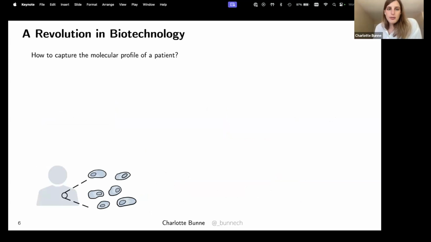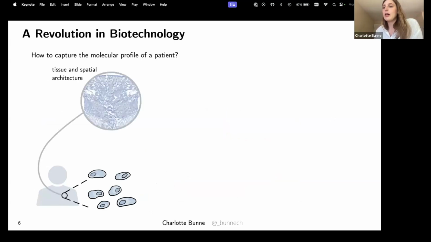So how do we capture the molecular profile? I already hinted at this. By now, if I have, for example, a cancer patient, as this is going to be the study object in the observational clinical cohort study I'm going to showcase at the very end of my talk, we can really look at the tissue by dissecting the tumor and understanding the spatial architecture, like having a tissue slice.